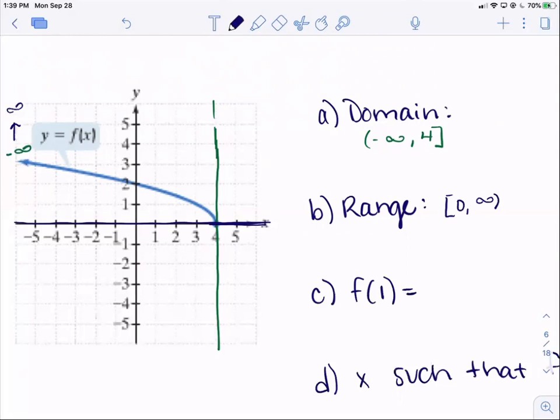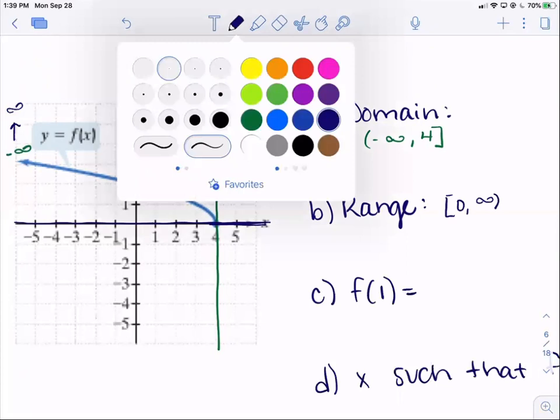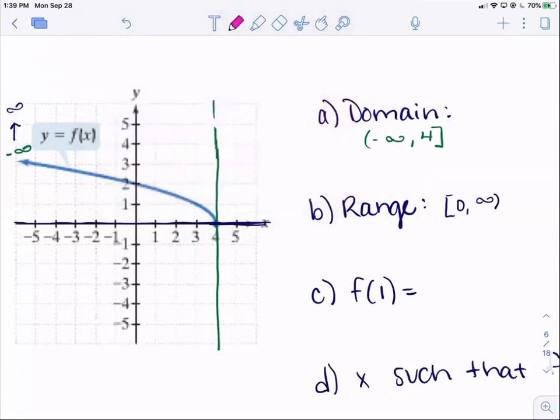Looking at C, we want to find f of 1. So f of 1 means that x equals 1. Go to your graph. When x equals 1, find your point. What would that approximately be? We're going to take a look at an estimate. 1.75, 1.8, something along those lines, right?